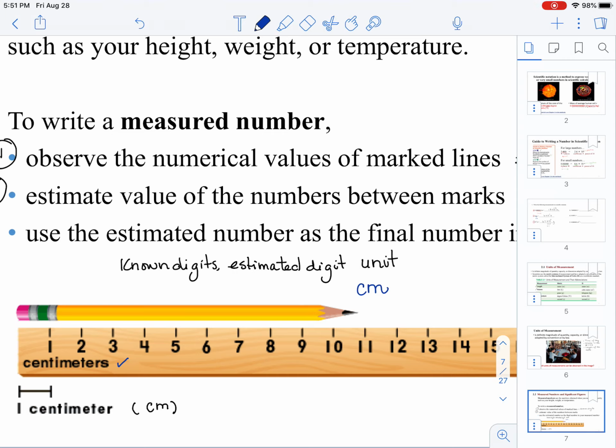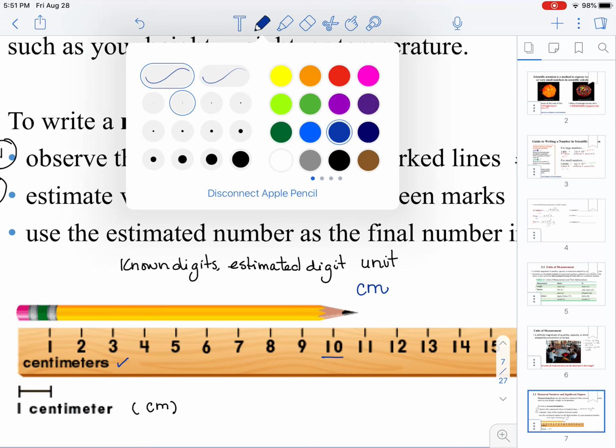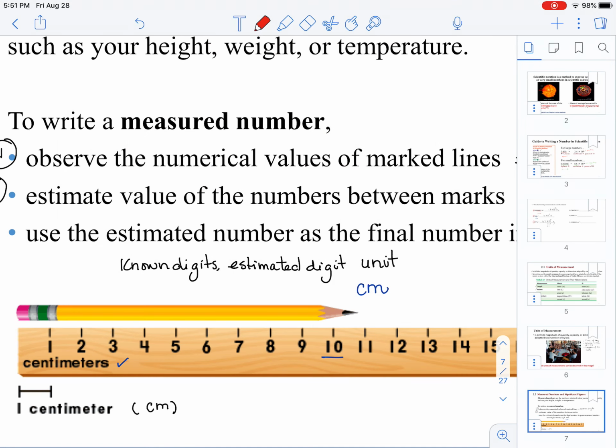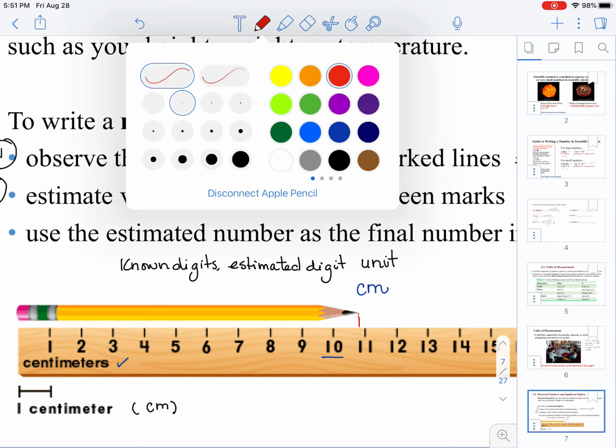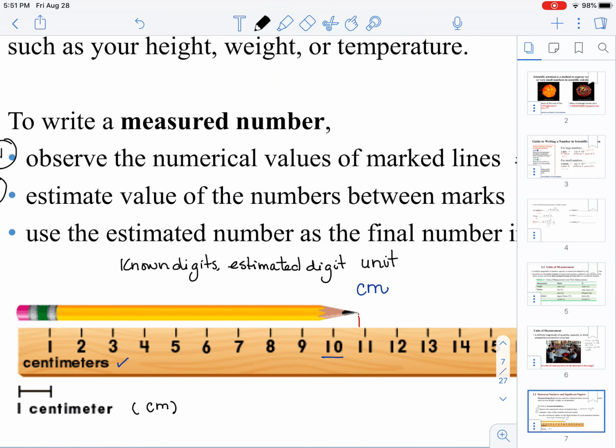Now, the known digit in this case is going to be 10, because we can observe that our object is at least 10, but not quite 11. So if I write a dotted line from the tip of my object down to my ruler, we can see that the known digit is going to be at least 10.